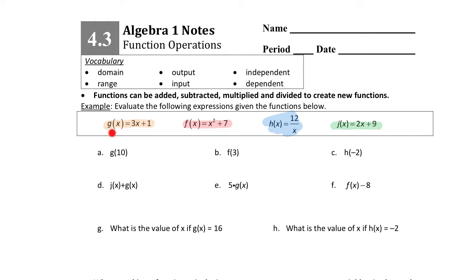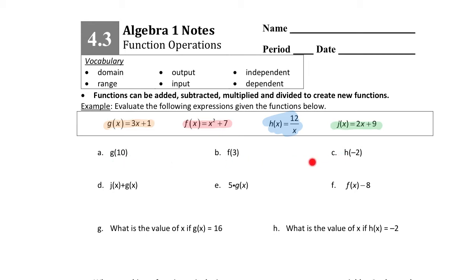The first one is function g, and it's 3x plus 1, and I've made it orange so that we can follow it through the problems. f of x is red, and it's x squared plus 7. h of x is 12 over x, or divided by x. j of x is 2x plus 9. So whenever you see those letters, you are going to find the corresponding function.